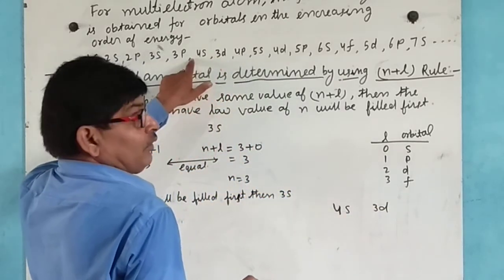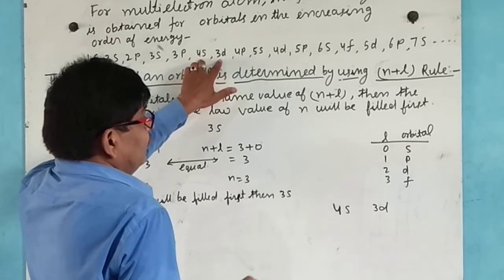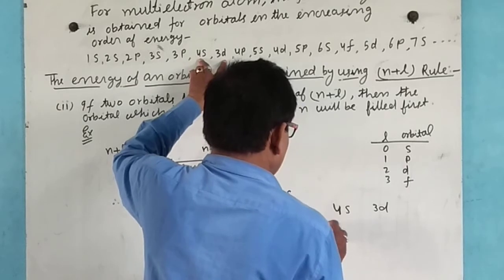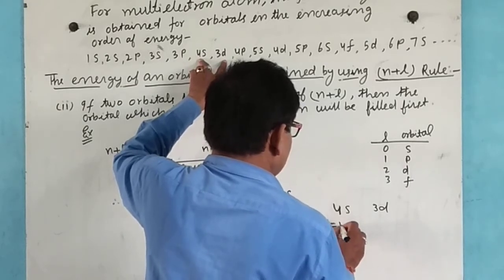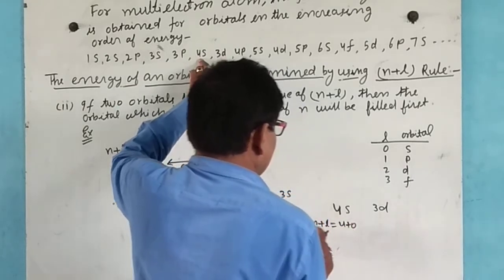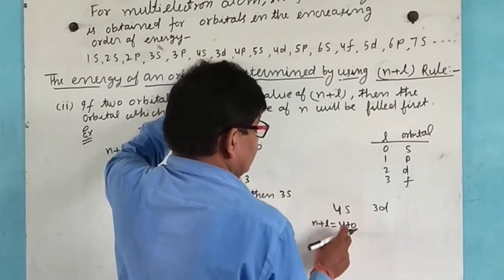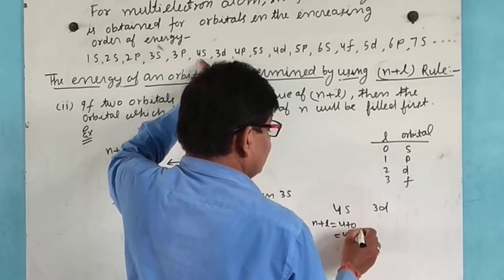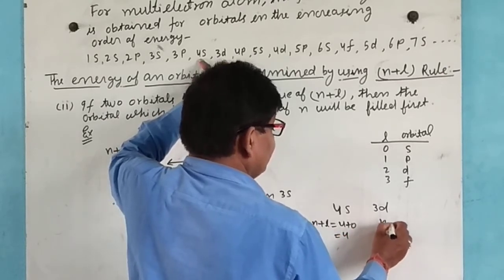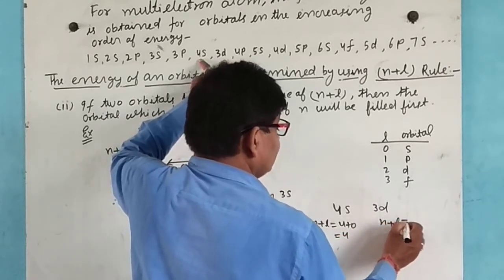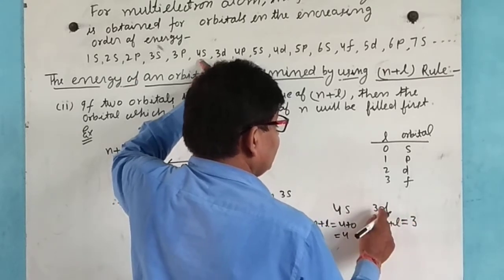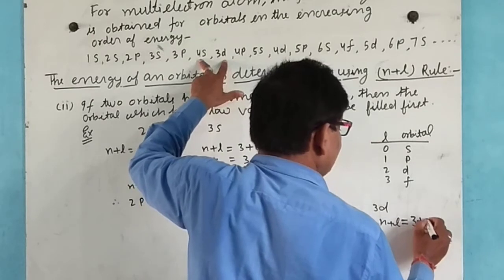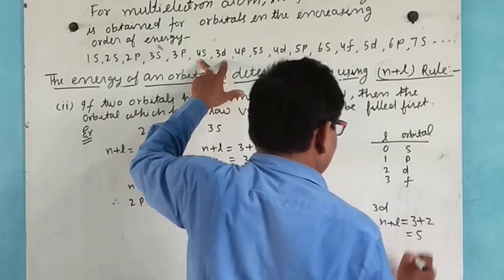According to this rule, for 4s, n plus l is 4 plus 0, where n is equal to 4 and s is equal to 0, so it is 4. For 3d, the value of l is equal to 2, so n plus l is equal to 5.